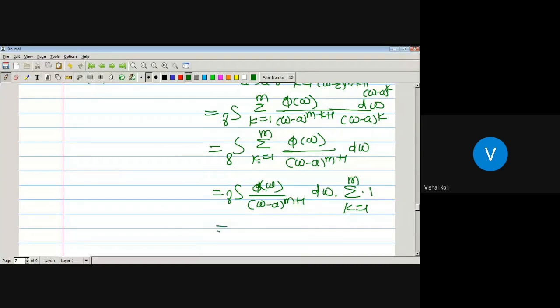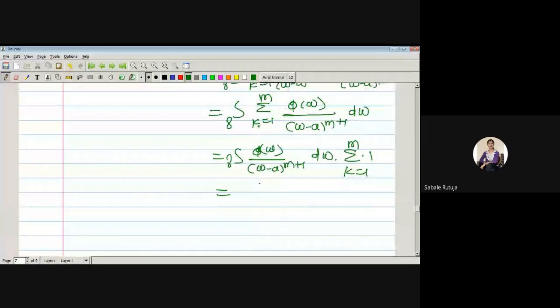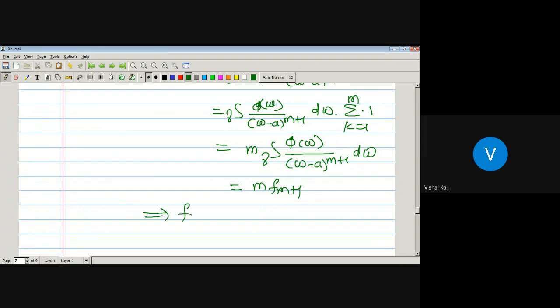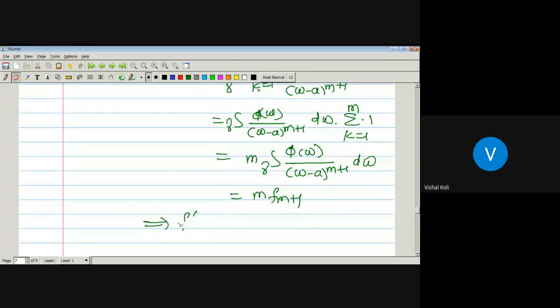What is this summation? m. Which is m into the integral over the curve gamma. By the definition of fm, what is this phi of w upon w minus a to the power m plus 1 dw? It is fm plus 1.